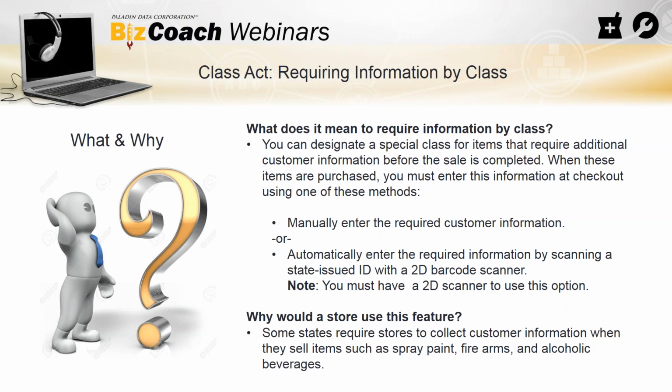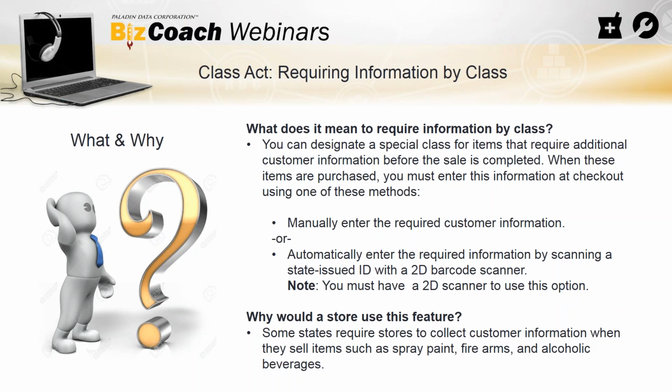Beep, we just scan the state issued ID. Paladin puts the right information in the right spot, parses it out a little bit. We can record it and very quickly move on. The other way, of course, would be to manually enter that information. We can always just grab the state issued ID, look at the information and type it into Paladin. Obviously not the preferred method, not nearly as fast, but it'll still get the job done just the same.